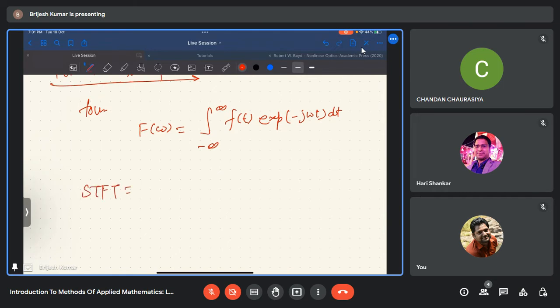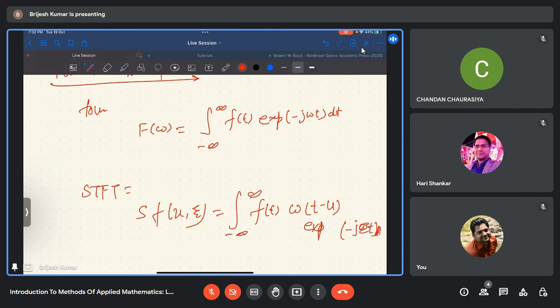And the STFT is written with f, u and xi, as the integral from minus infinity to infinity of f(t) w(t minus u) exponential of minus j xi t dt, right?